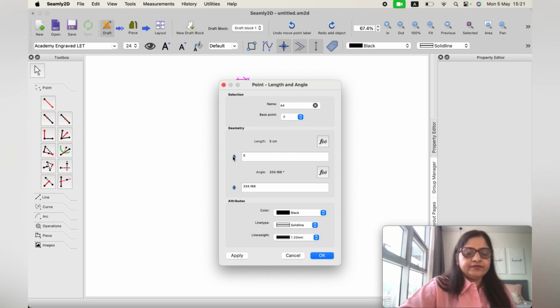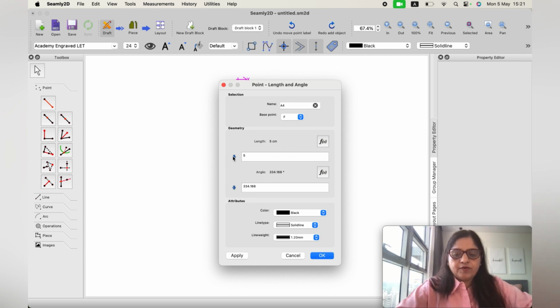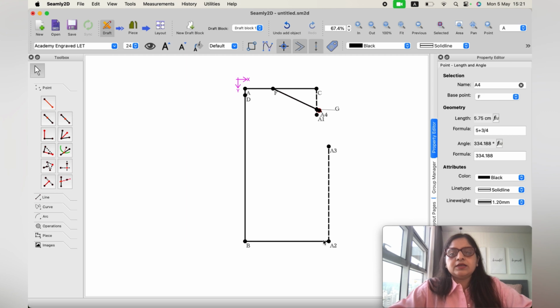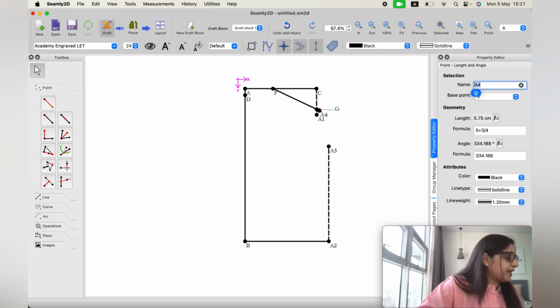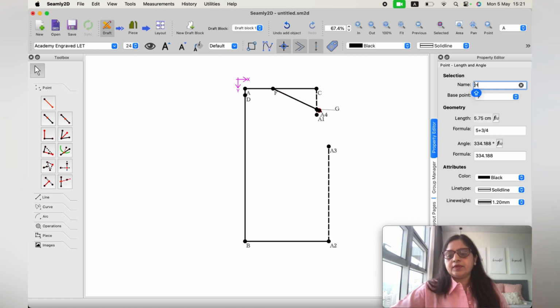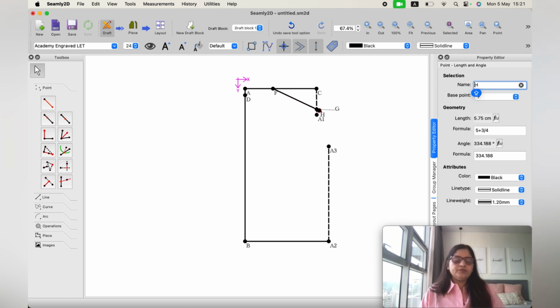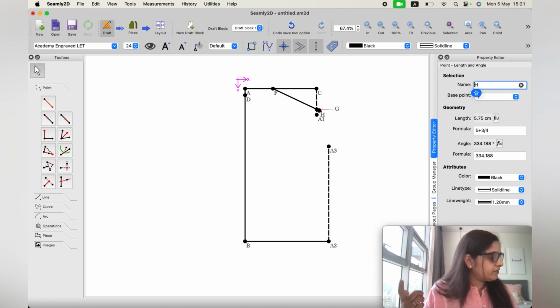That means 5 3/4. Okay, and my point name will be H. Enter. So this is my shoulder width.